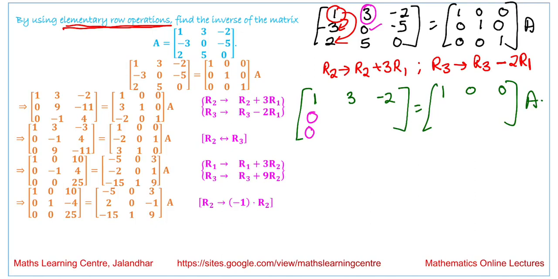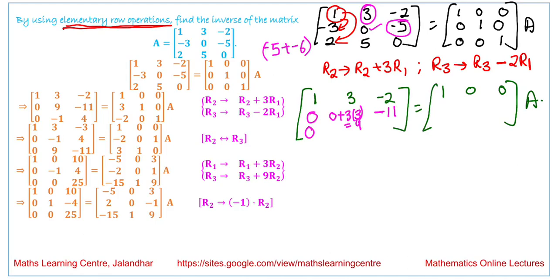So it is row 2, 0 plus 3 times row 1, the answer we have is 9. Next element it is minus 5 over here. So we are writing minus 5 plus minus 6, so the answer we obtain is minus 11.